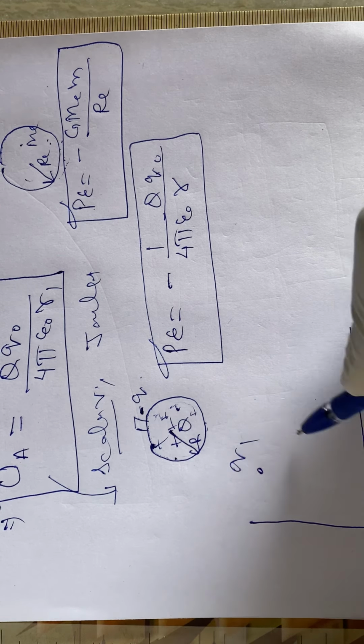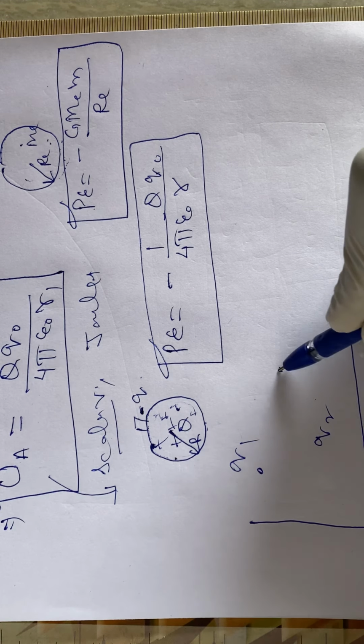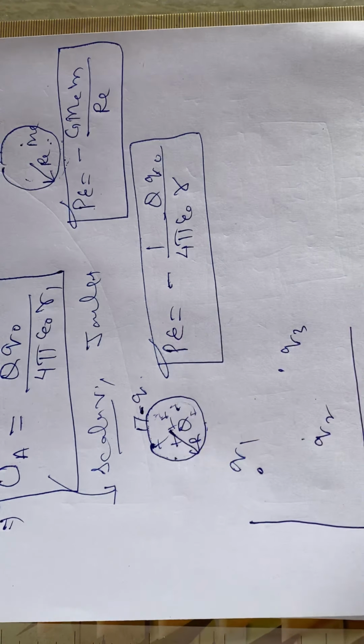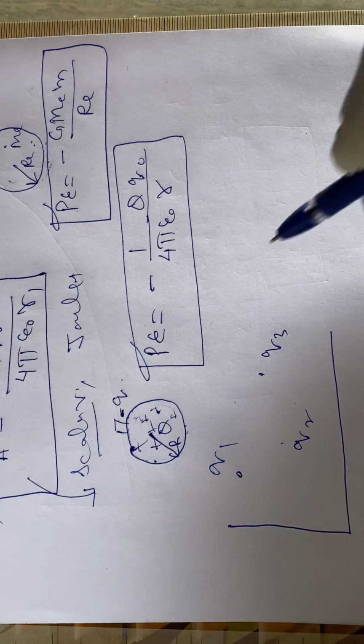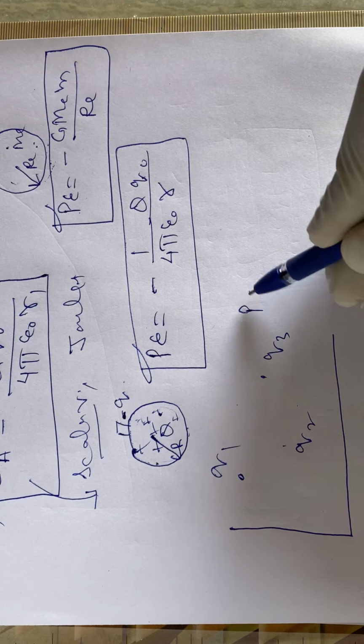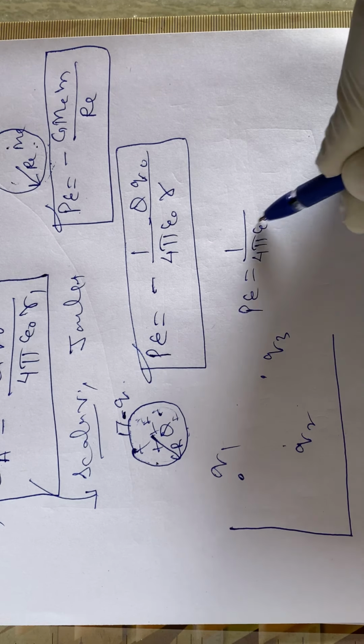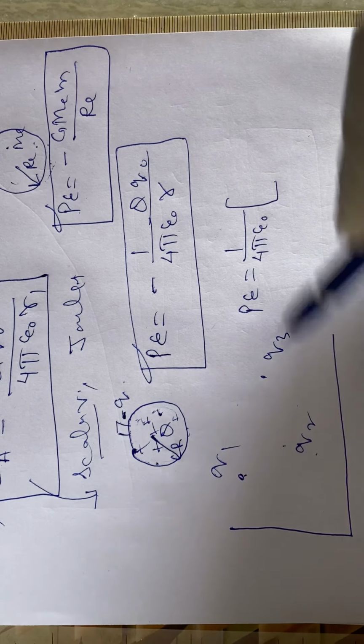Say there is a charge q1, there is a charge q2, and there is one more charge q3. We want to write the potential energy of this three charge configuration, so we can write that the potential energy will be 1 over 4 pi epsilon naught. We have to write all three combinations.